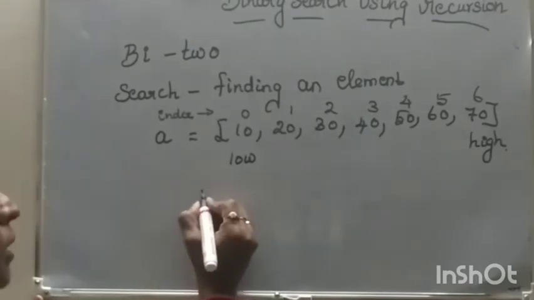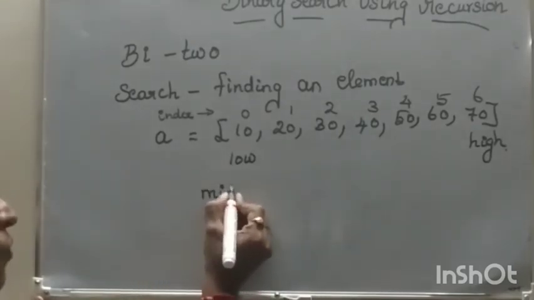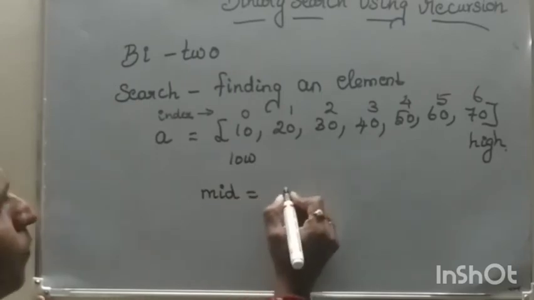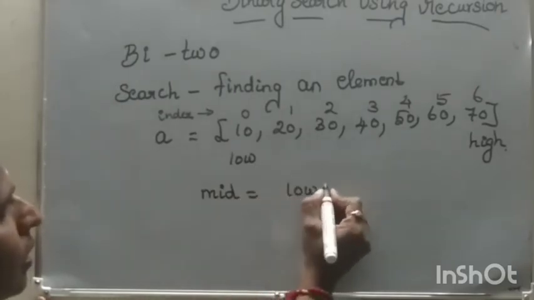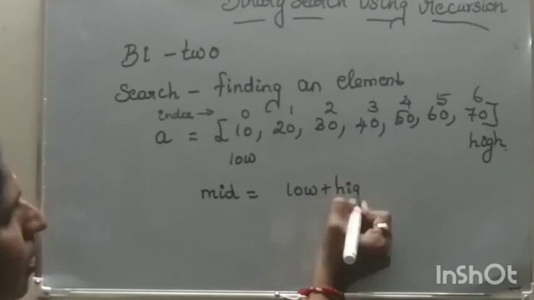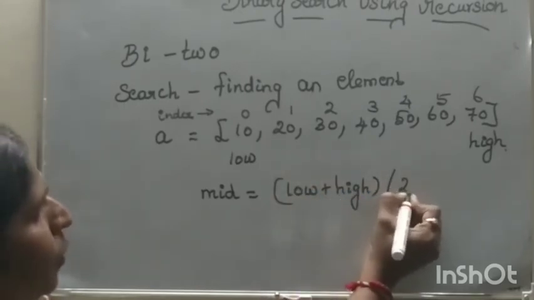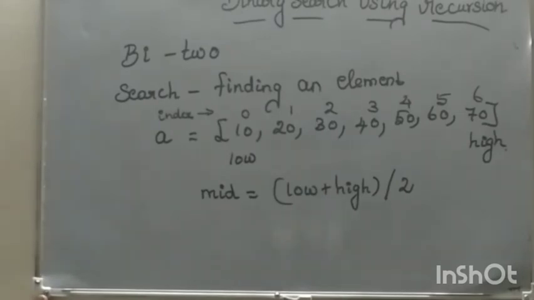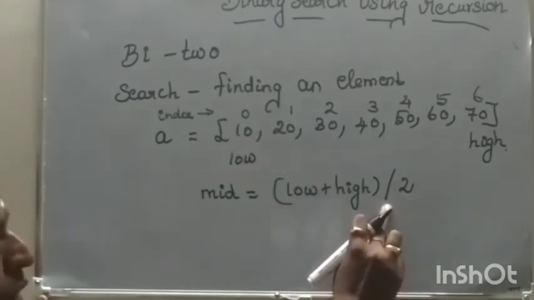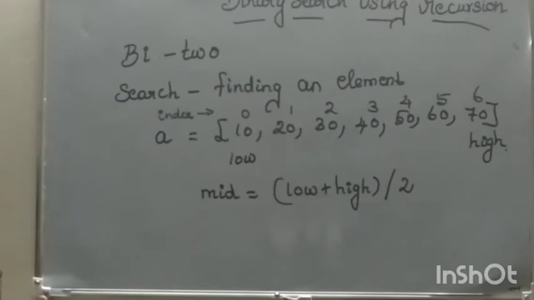To find the middle element, we have a formula: low plus high divided by 2. Here we are using the division operator. Sometimes the division operator will produce a fraction result. That time you have to leave out the fraction part and take only the integer part.